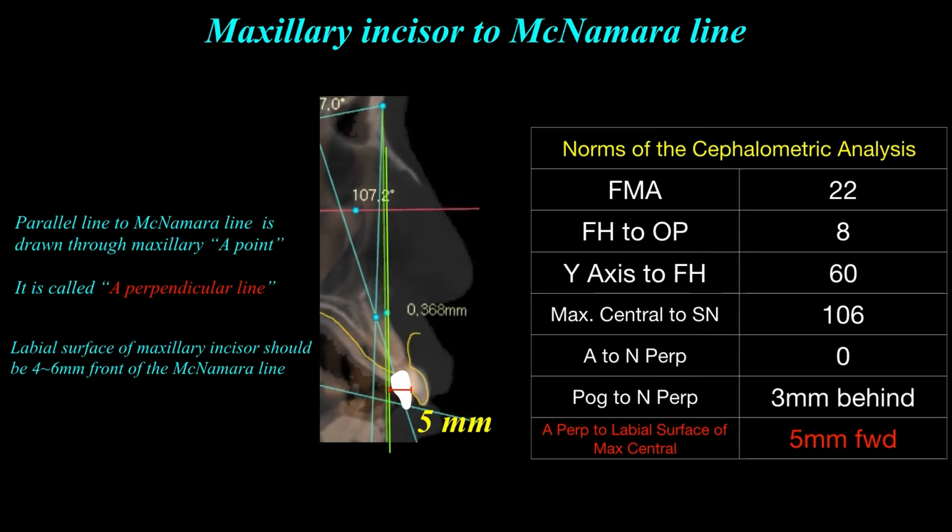Although it's not an absolute indicator, 3D Ceph analysis provides enough insight and information, and I believe it is an indispensable tool in undertaking extensive restorative cases or aesthetic challenges.